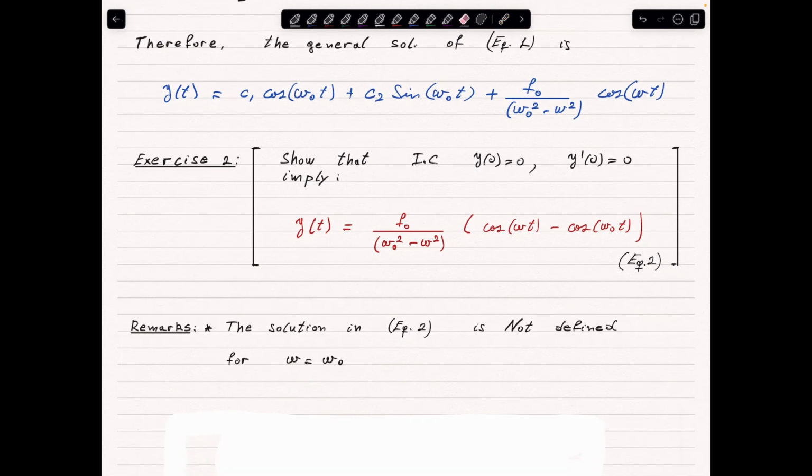Notice that the solution that we just found is not defined when omega, the driving frequency, is equal to the natural frequency, because in this case, obviously the denominator is 0, but also the numerator is 0. So we get that our solution is not defined at all, it is something of the form 0 over 0.